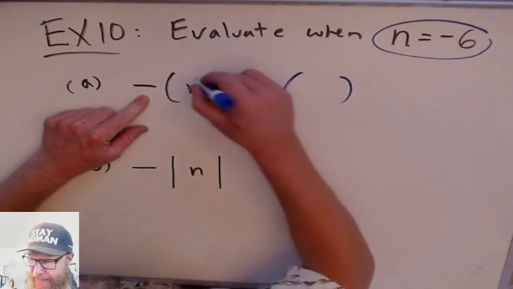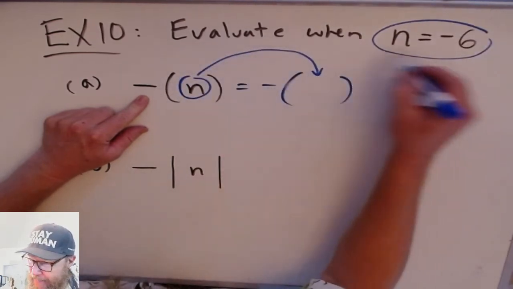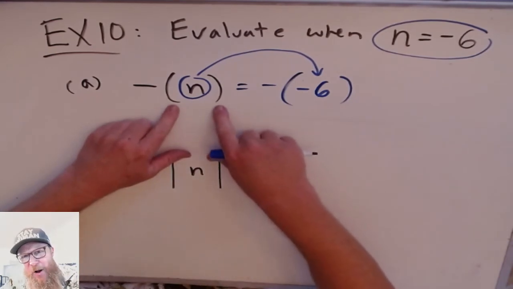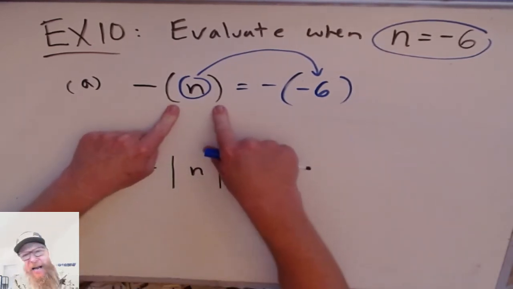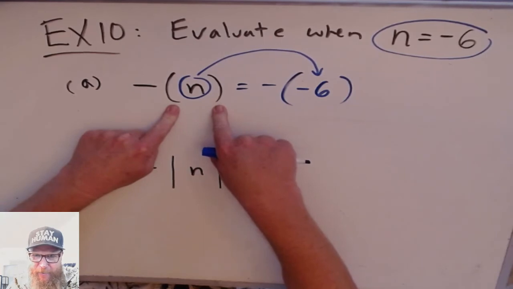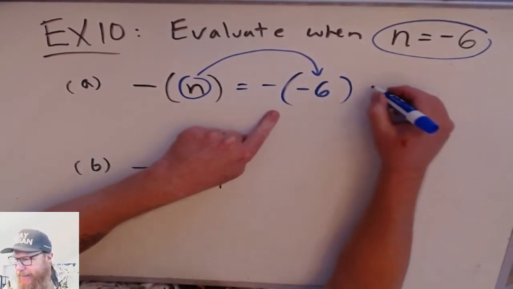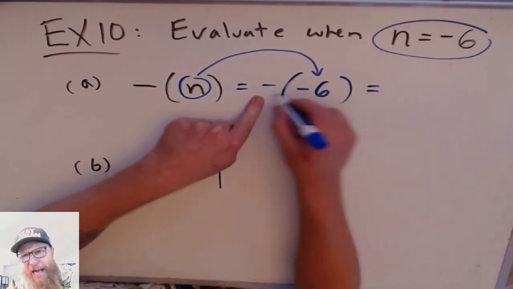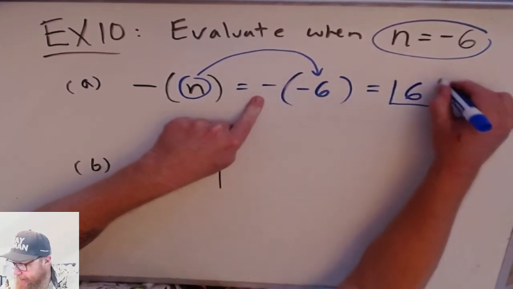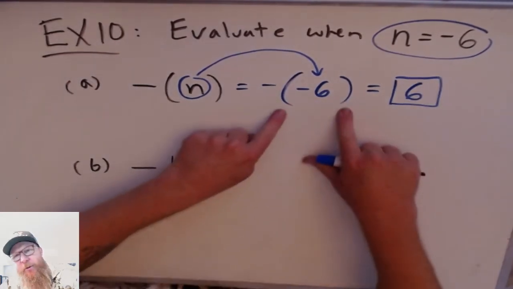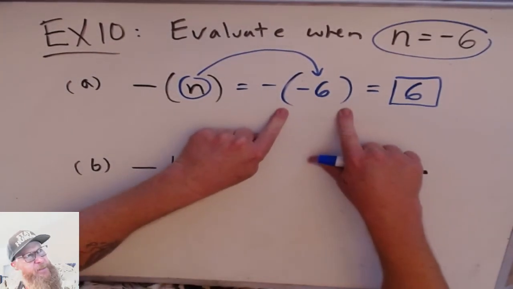We are replacing n with -6. Now, since the parentheses are already there, I don't need to add in a set of parentheses. So this is the case where two negatives do, in fact, make a positive. Yes, that is true, because it's a set of parentheses.